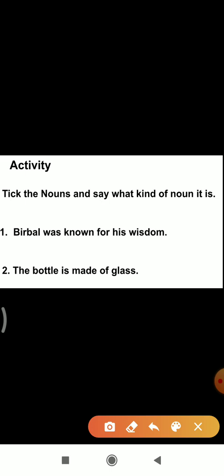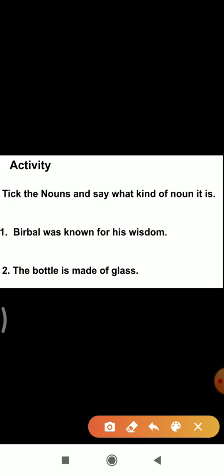Shall we start? Okay. The first sentence. Birbal was known for his wisdom. So what is our first work to do? You have to first find out the nouns in this sentence.